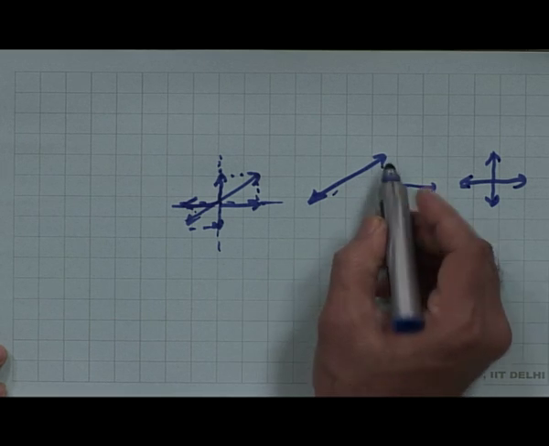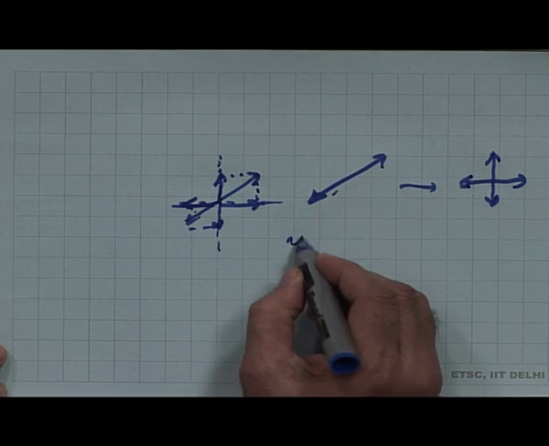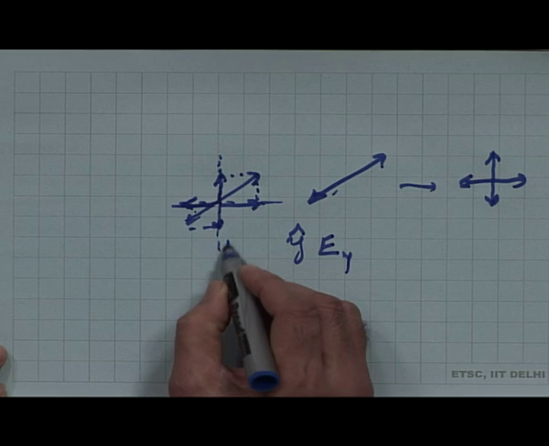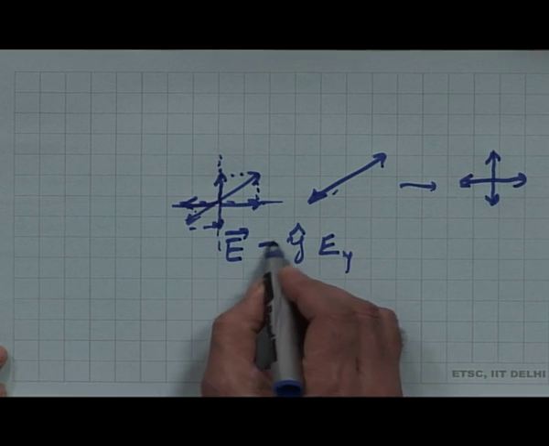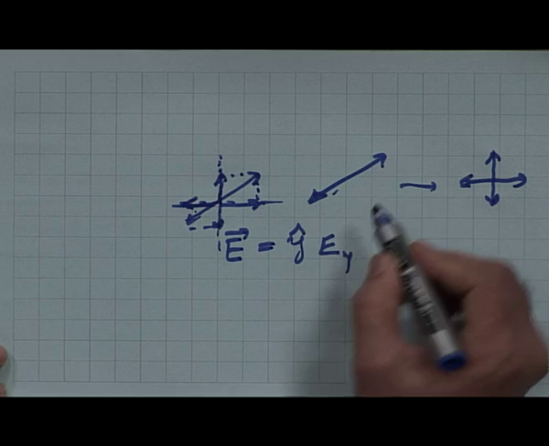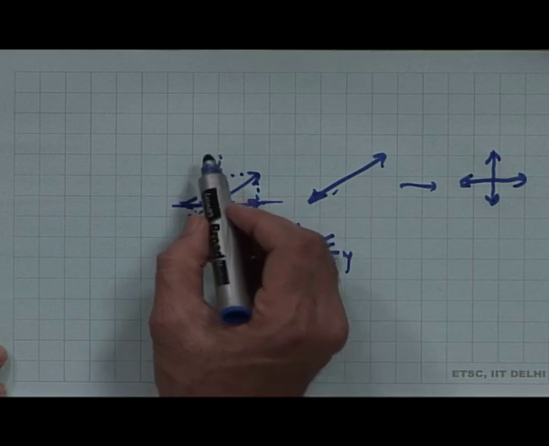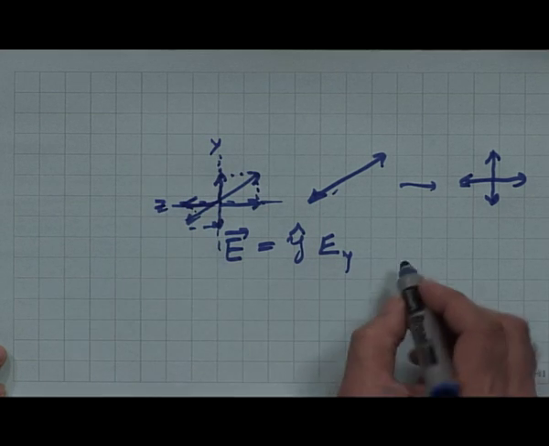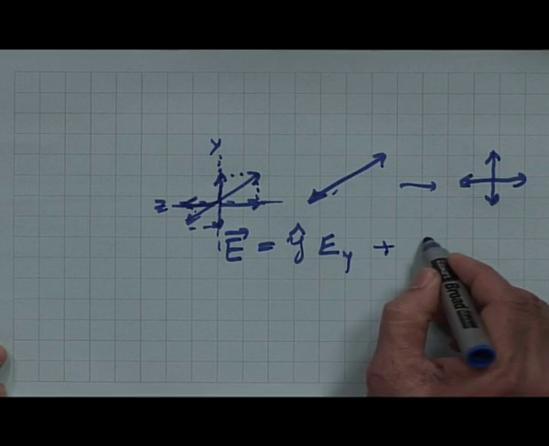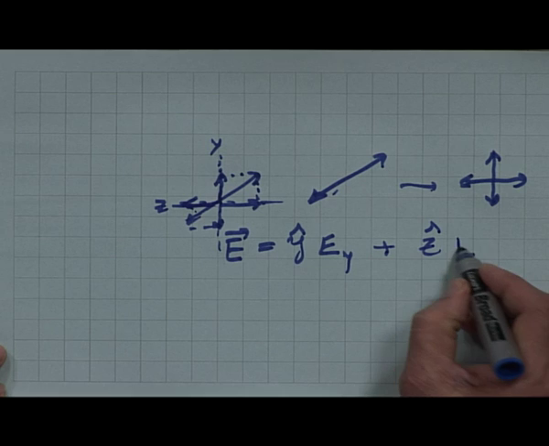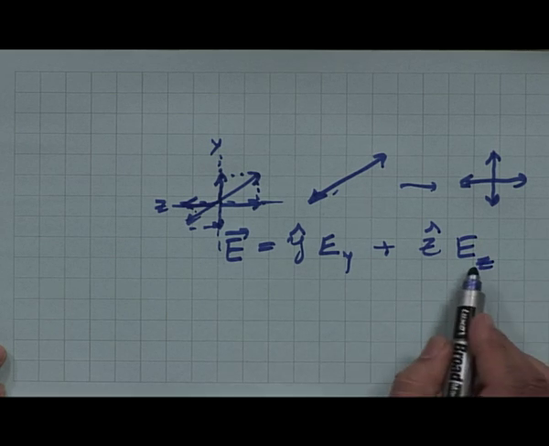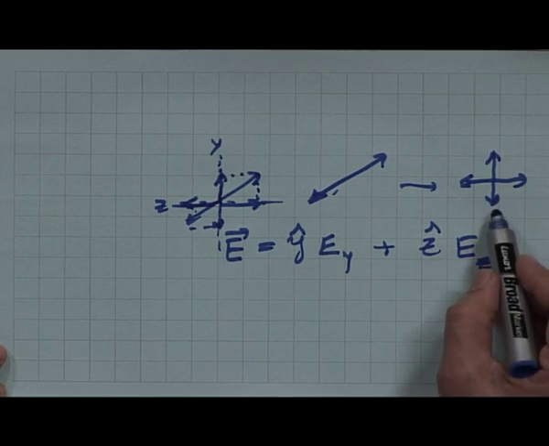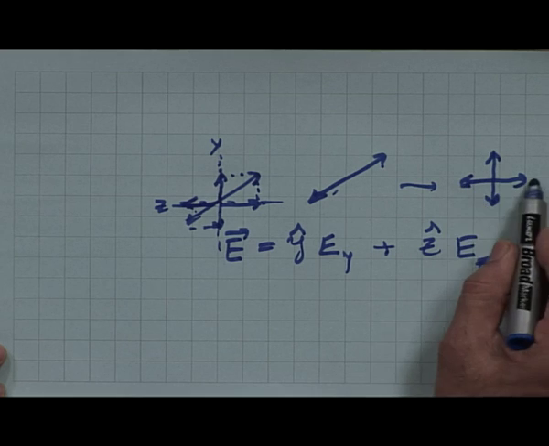If I want to write the electric field E of this vector, then it is y cap E y plus z cap E z, where y cap is a unit vector in the direction y and E z is the z component. Each one is oscillating, one like this and the other like this.